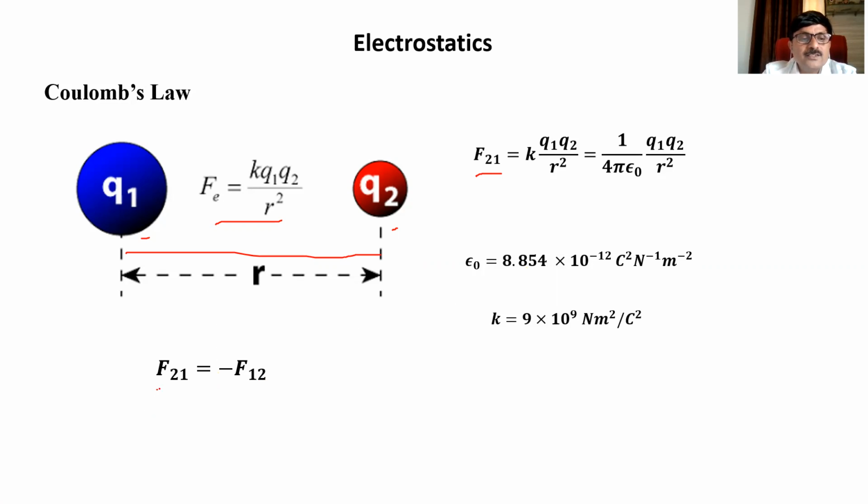So you can write this as F21 is equal to minus F12. This is the basic law that we discussed in 11th standard, and this is the basic law to be used while studying this chapter electrostatics.